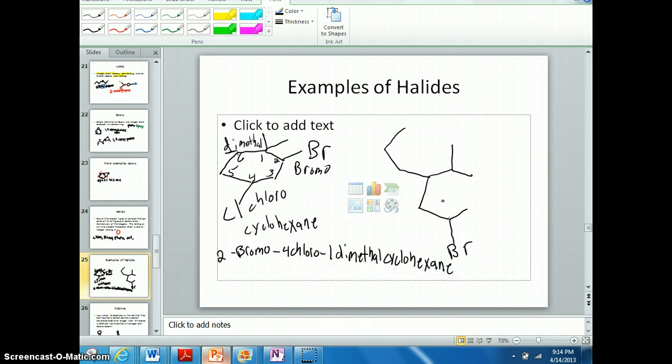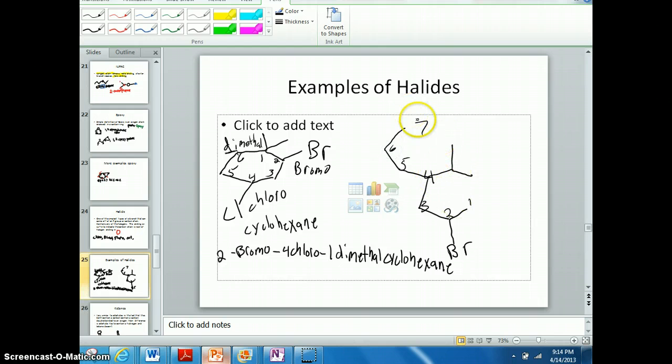Alright, now we have this branch right here, and we're going to start labeling with our longest carbon chain. So that would be 1, 2, 3, 4, 5, 6, 7.